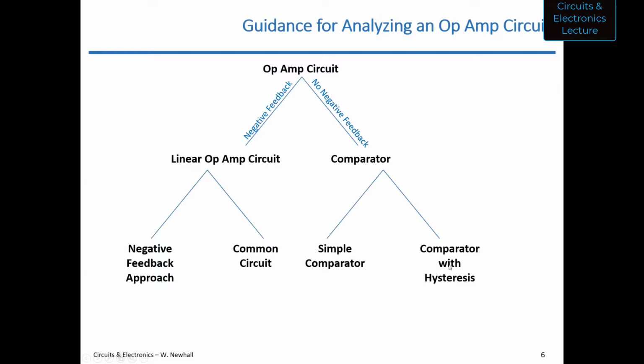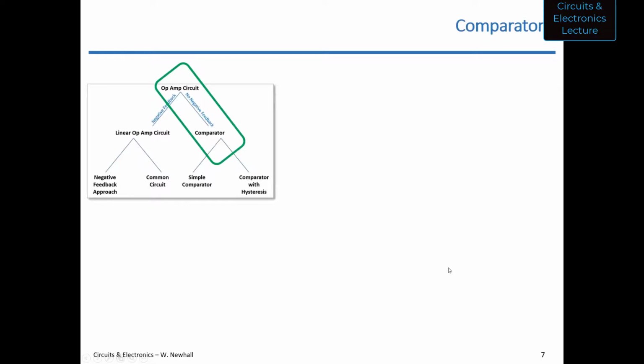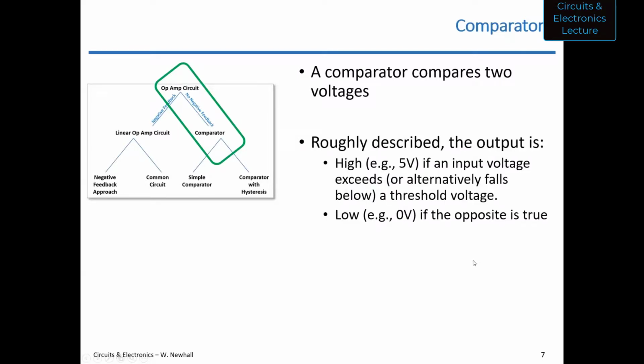And again, we'll cover these. Let's go down this right-hand side of the tree. So a comparator compares two voltages. Roughly described, this means that the output of the circuit is going to be high if an input voltage exceeds a threshold voltage, and it's going to be low if the opposite is true.